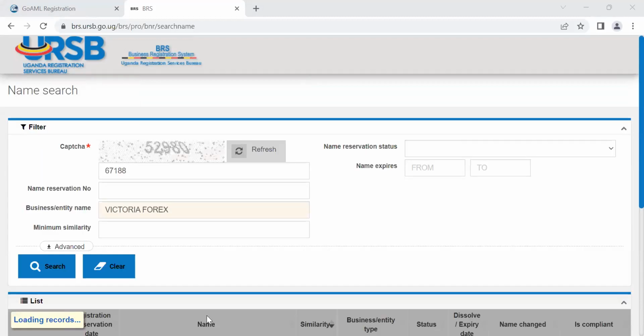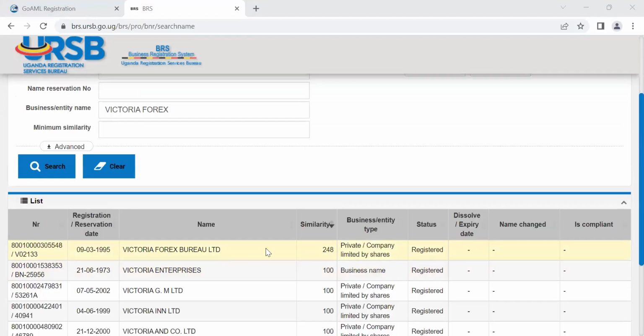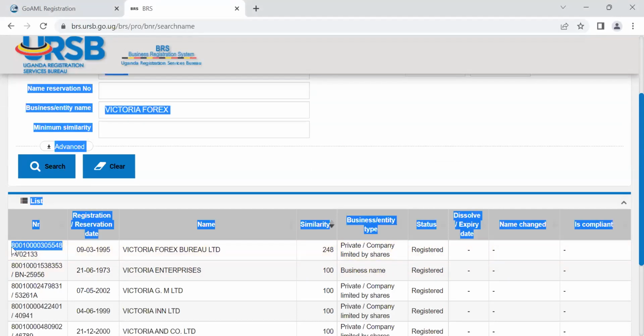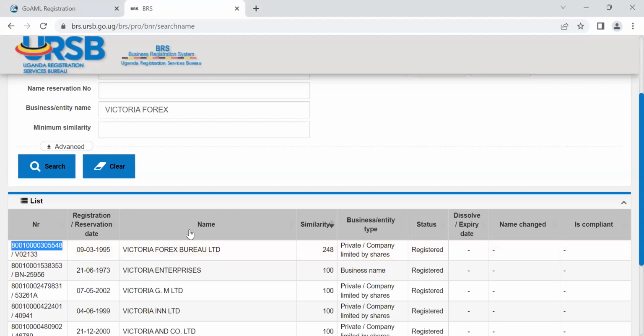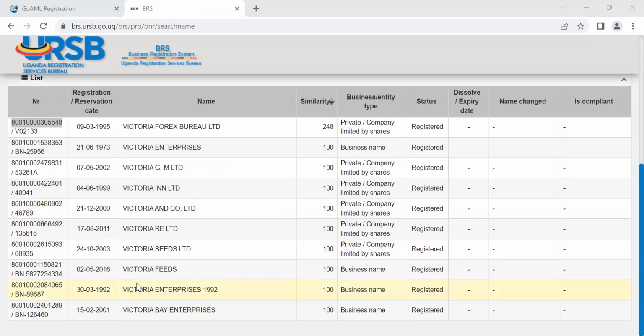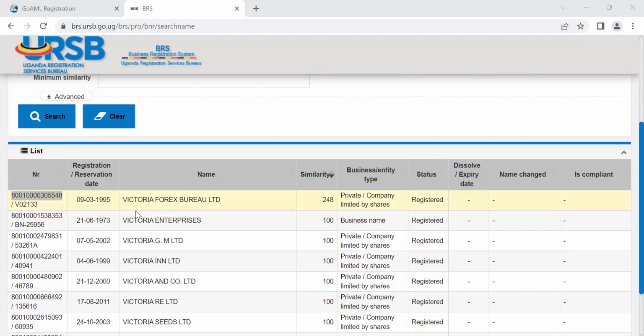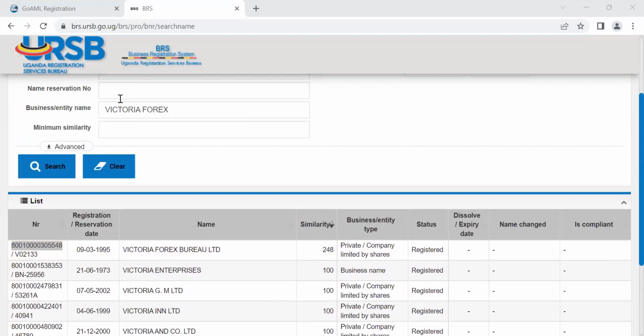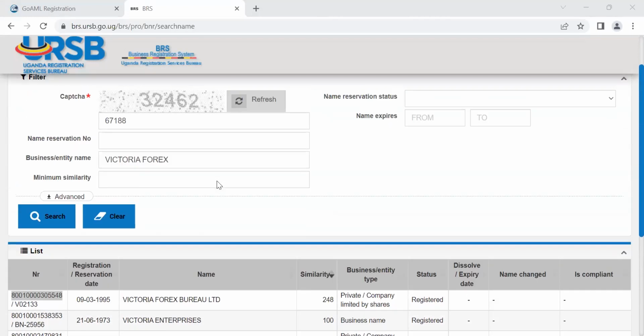There are so many records. So you see Victoria Forex Bureau, here is your incorporation number. So you've seen your incorporation number, just search for it. I think it's this first one. Everyone has an incorporation number, whatever time you were registered. And the one you provide is the one we verify here, as simple as this, to check if it's an actual company.